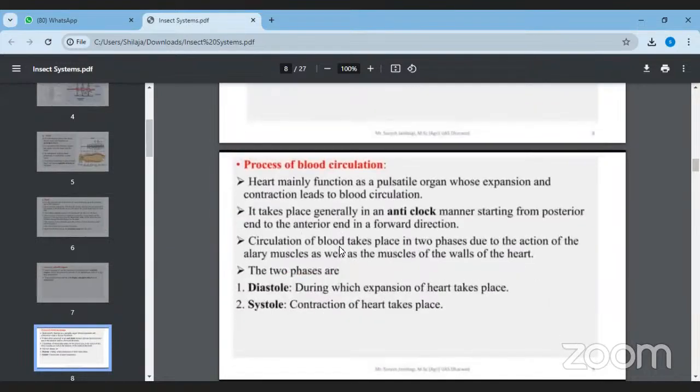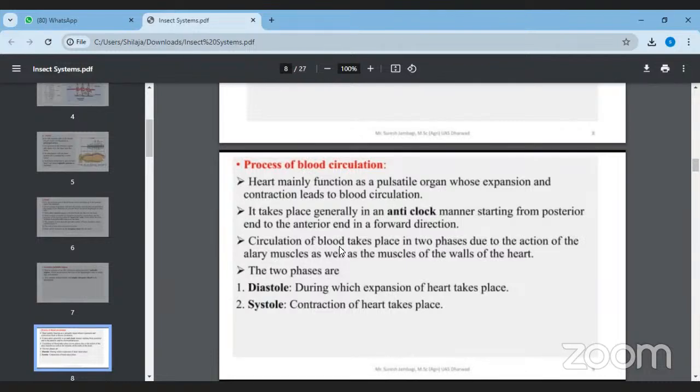So when we see the particular ostia, which expand and contract during the cardiac systole and diastole respectively, to allow the blood flow from the heart to the pericardial or the perivisceral sinuses.